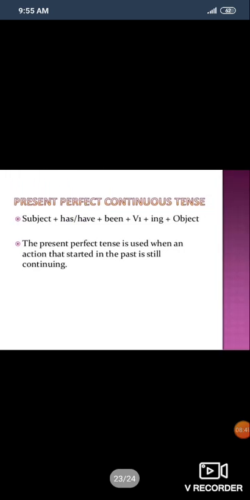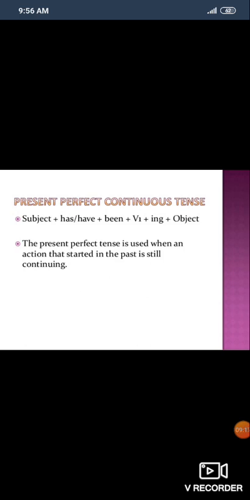For the structure: subject plus has/have plus been plus verb first form plus ing plus object. It is used when an action that started in the past is still continuing, like Anita has been watching TV for the last 2 hours. Or we can say, I have been doing yoga for the last half an hour.